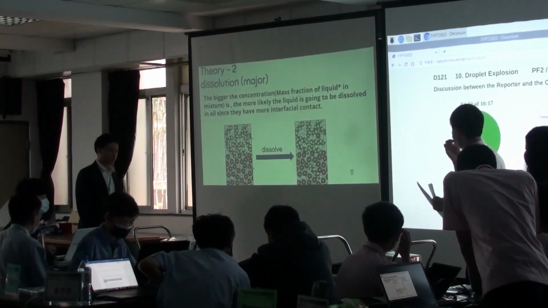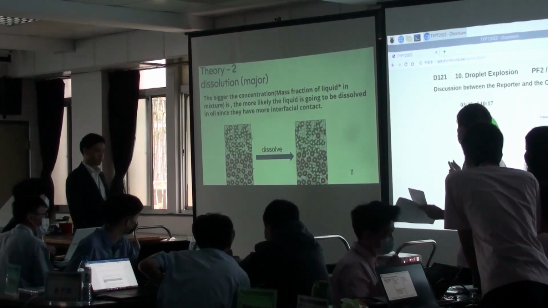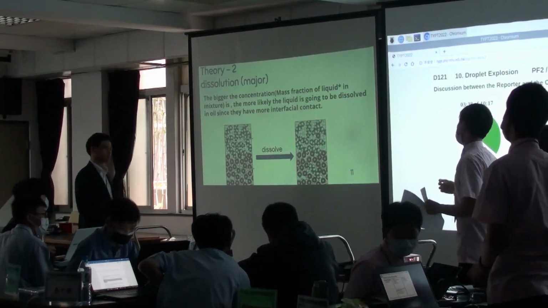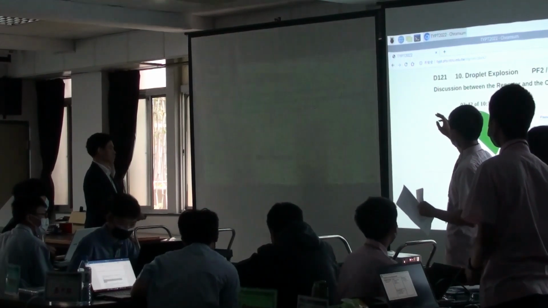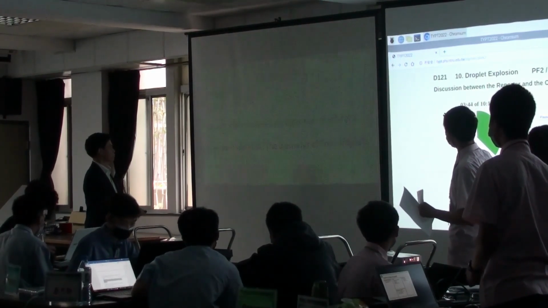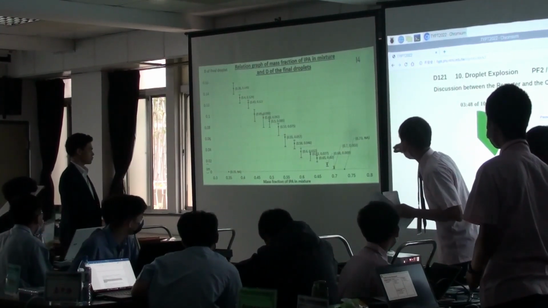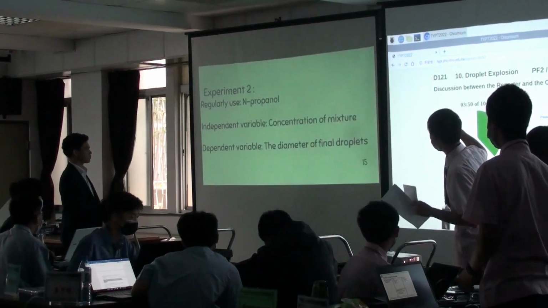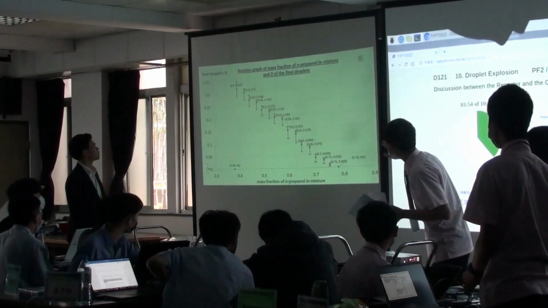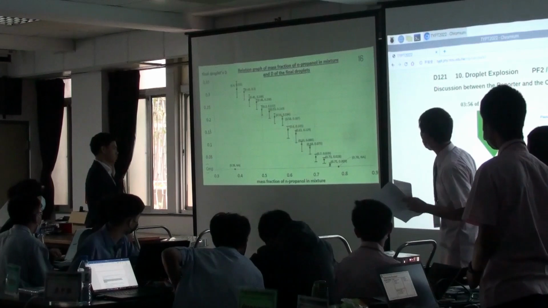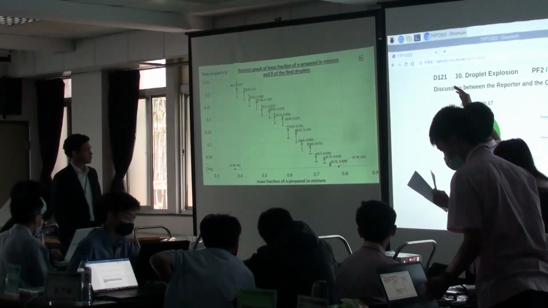Okay, so what you're saying is that when I change the fraction of the alcohol, I'm changing the concentration, right? Yes. Can you go to the chart where you show the concentration? Is this the same thing using different data? Yes.